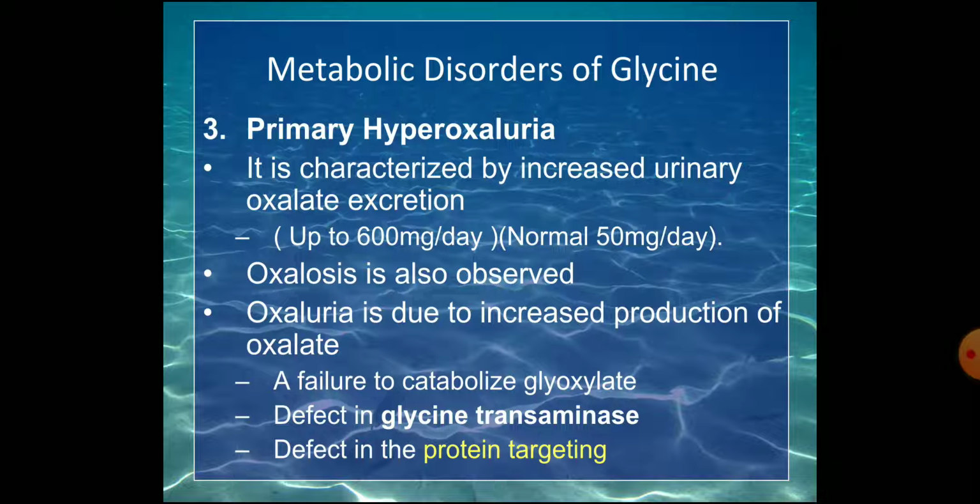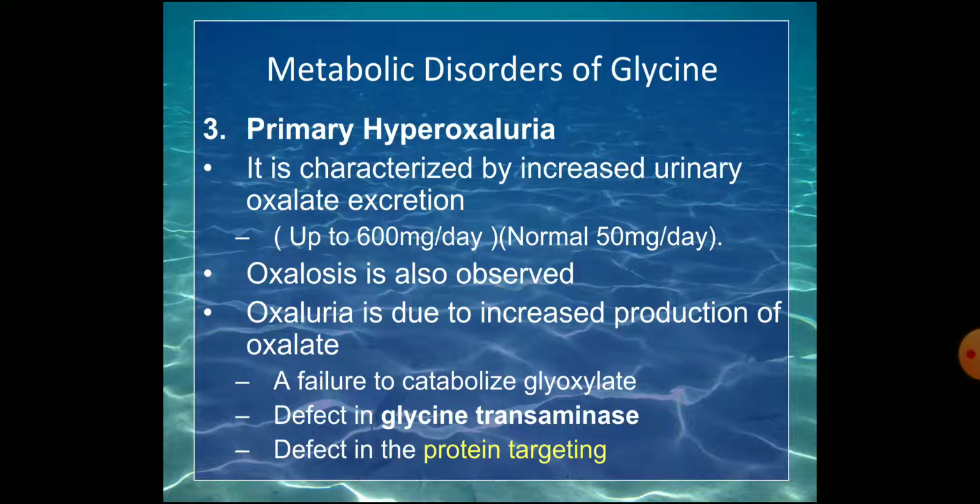Actually, this enzyme glycine transaminase should be transported to the peroxisome. Its main action takes place in the peroxisomes of the cell, but here, due to the defect, this enzyme, glyoxylate aminotransferase, is transported to the mitochondria of the cell, so it is not active.